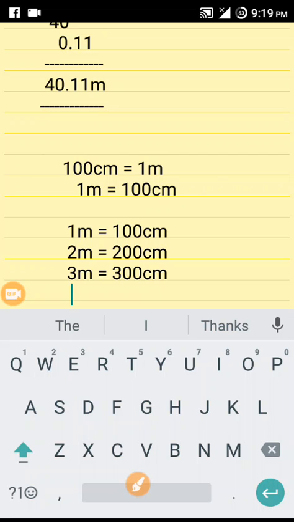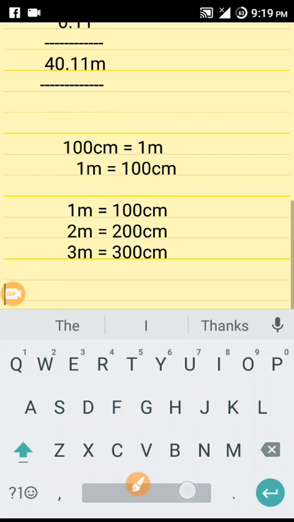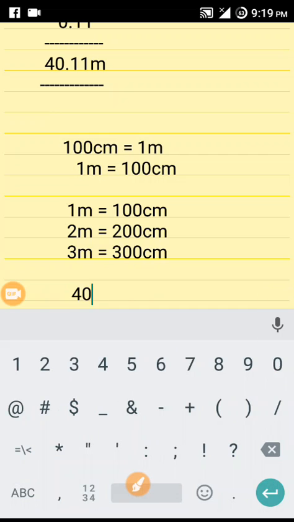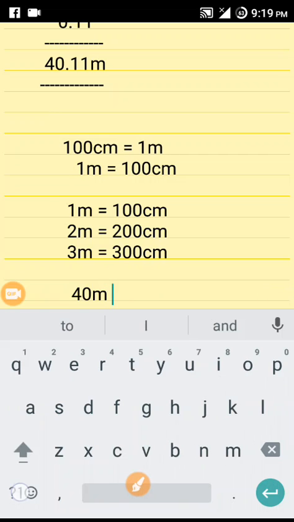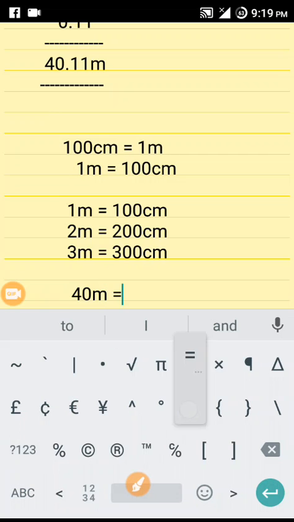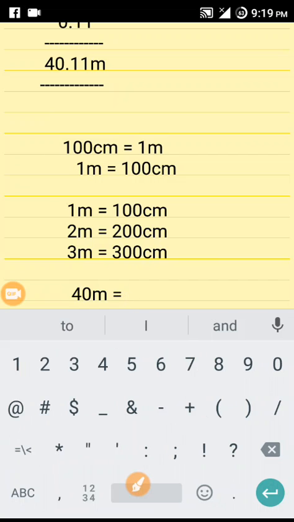Based on that, if you pick the question which says 40 meters, it means that we can simply, without doing a lot of thinking, add only 2 zeros to the 40. So in this case, what do you think will be the answer?